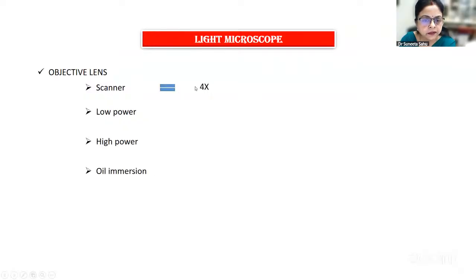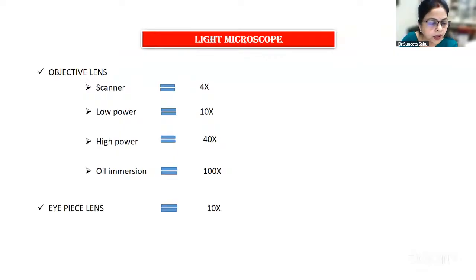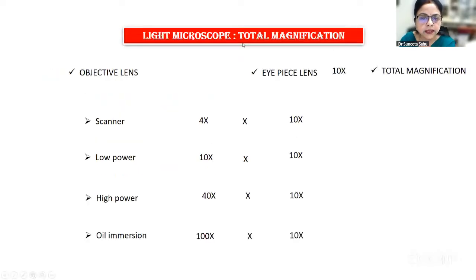Scanner has got a power of 4x, low power 10x, high power 40x, and oil immersion is 100x. Now, eyepiece lens is fixed, that is 10x. So, when we calculate the total magnification for the objective lens scanner, which is 4x, when we multiply with eyepiece 10x, the magnification becomes 40x.